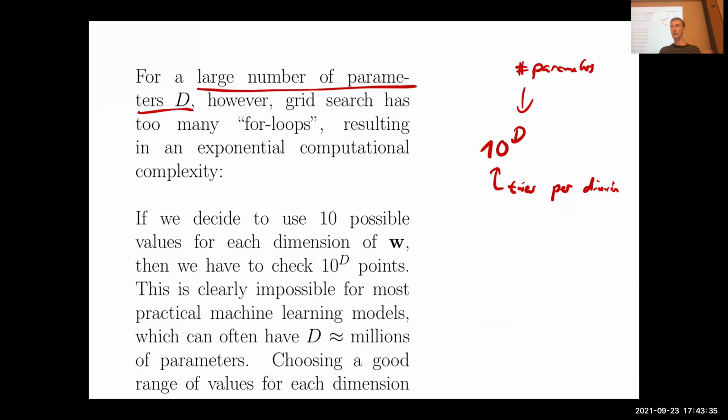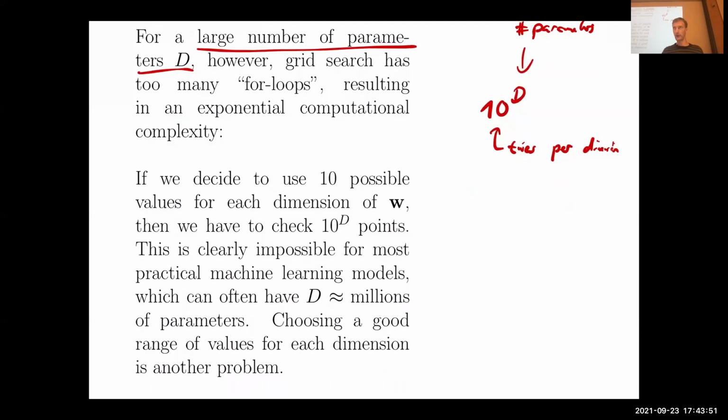And this has nothing to do with deep learning or not deep learning. This really has to do with the fact that you cannot search efficiently in a high dimensional space. So this is a huge problem, and this is really something we see. It would be kind of a deal breaker: you cannot just naively try all the models and pick the best one if you have many parameters. If you just have 3 parameters, it's kind of fine.